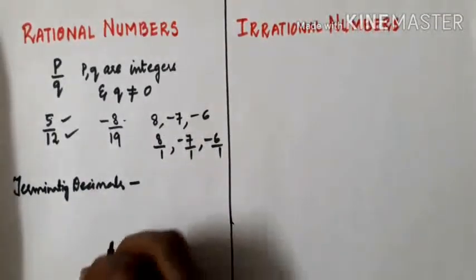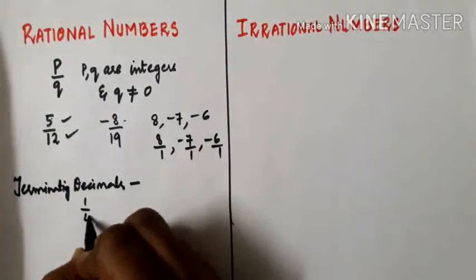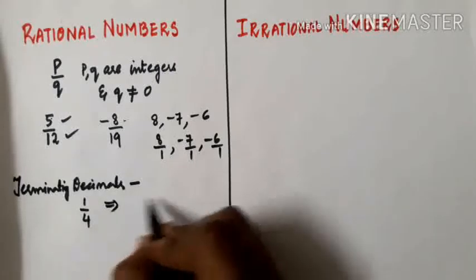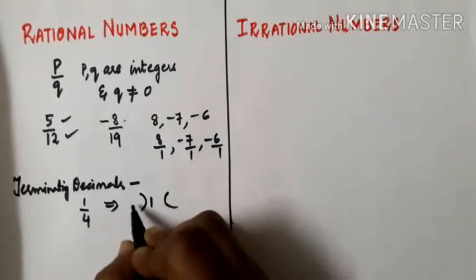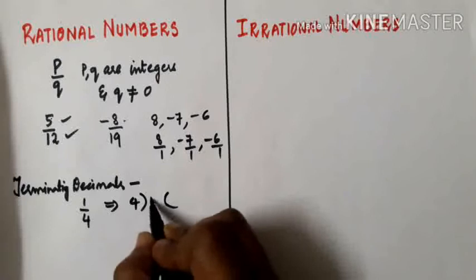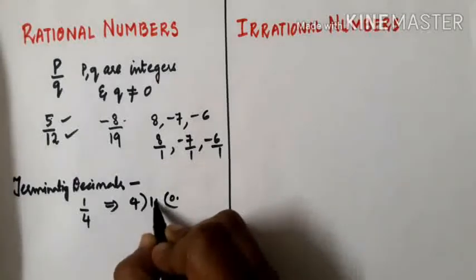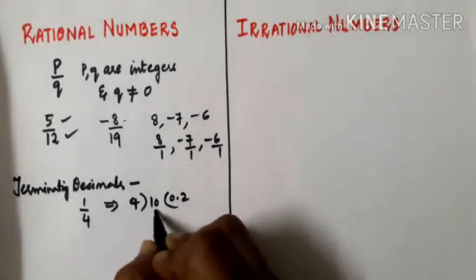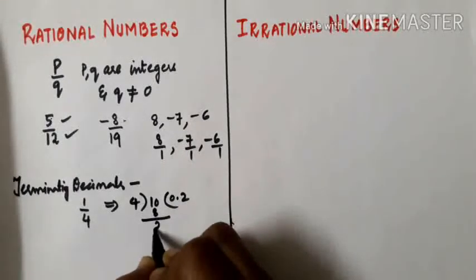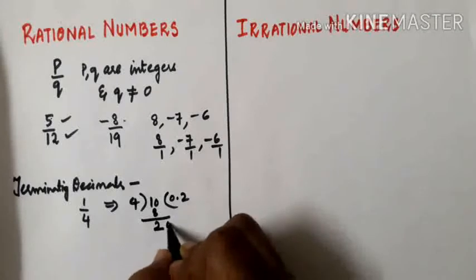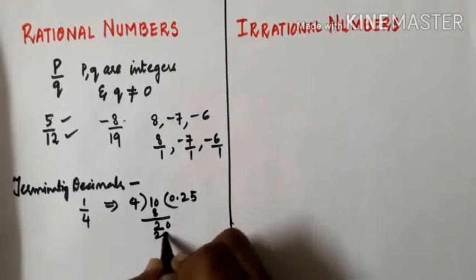For example, suppose I have 1 by 4. Let us divide 1 by 4. The 1 is a smaller number, so let us take 0 point and 0 over here. 4 2s are 8, then 10 minus 8 will be 2, then again one more 0, 4 5s are 20.